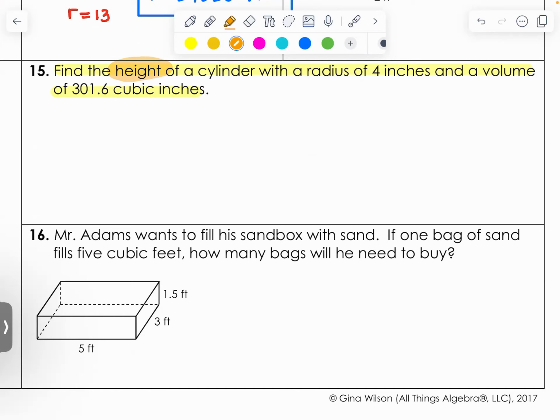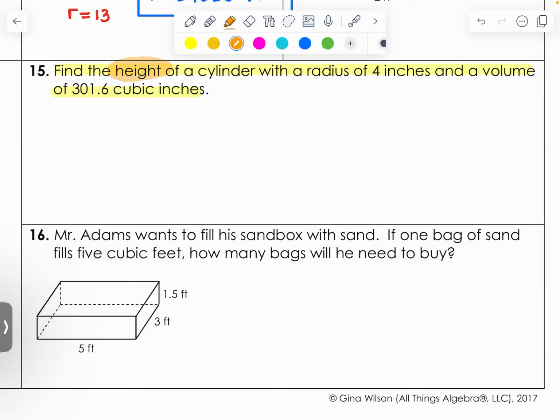Miss Coleman, is this here? I don't know. Okay, so here's the deal. That is 50.24, but we don't know H, but we do know that the volume over there is 301.